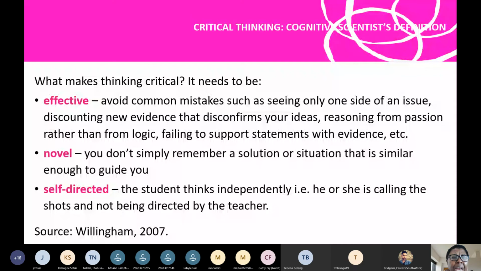So in our classrooms, we need to ensure that the activities that we give to our learners encourage critical thinking and encourage problem solving, meaning that we need to have activities that will encourage learners to think independently, to think out of the box, to be able to work on their own, okay?